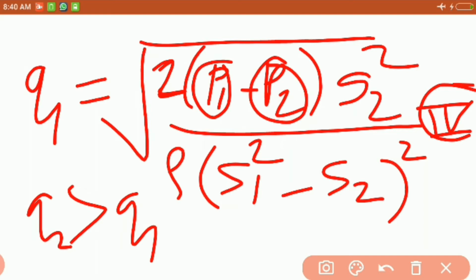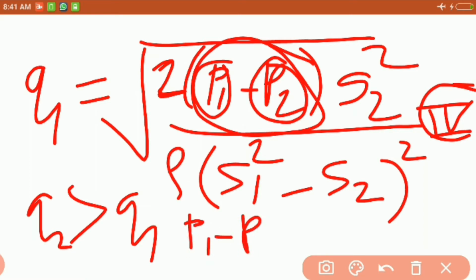And if H is the difference of meniscus level in the mercury manometer, and sigma is the density of the mercury, then we get P1 minus P2 is equal to rho GH.